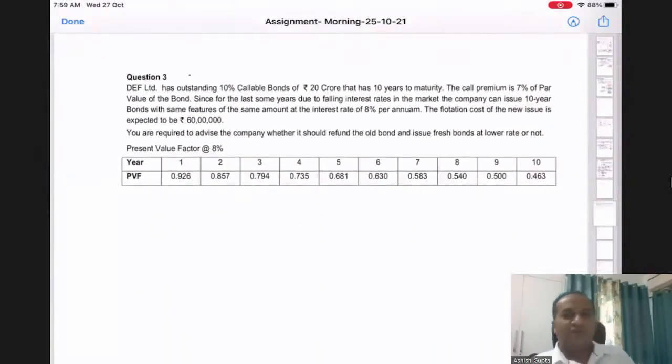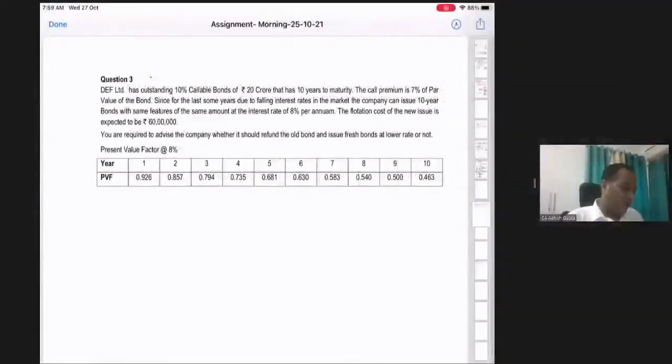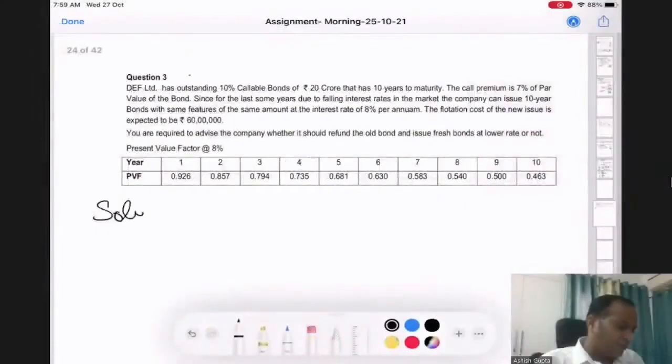This is question number 3. Before I discuss the solution, just read the question carefully.